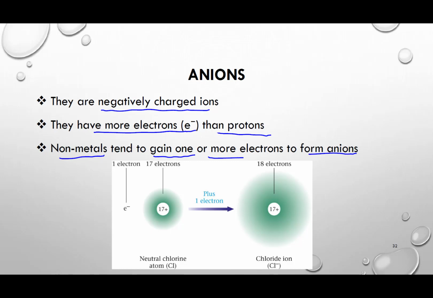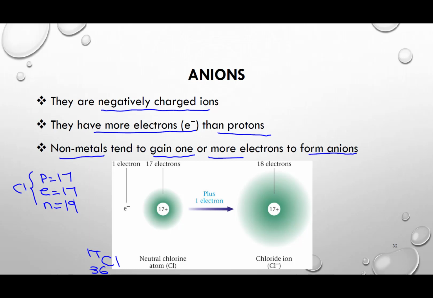Then chlorine, it's 17 and 36. It's 35.5, just round it up to a whole number. Okay, then when you do that, its number of protons is 17, electrons is 17, and neutrons is 36 minus 17, which is 19.